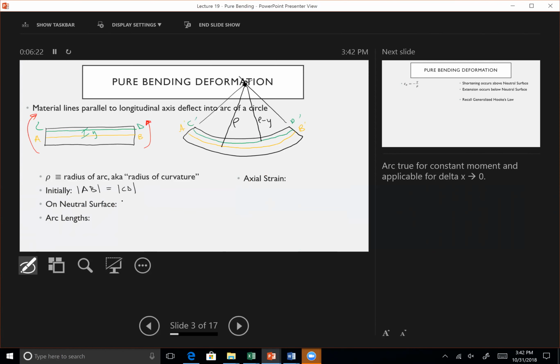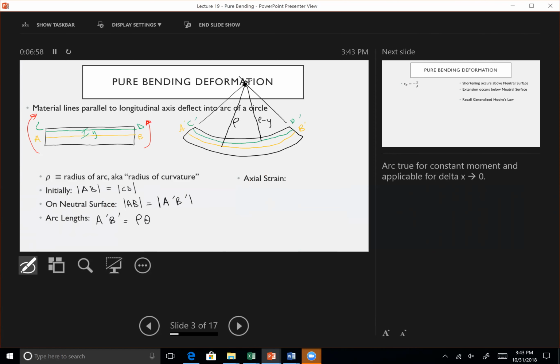And on the neutral surface, we know that AB is also equal to A prime, B prime, because one of our kinematic assumptions is that it doesn't extend or contract. When this creates a section of a circle, A prime, B prime is going to equal rho times theta.